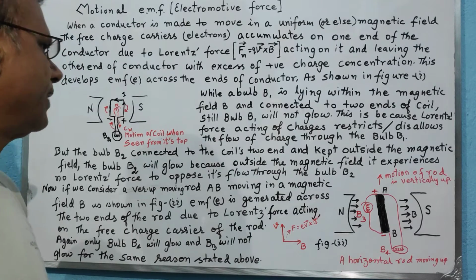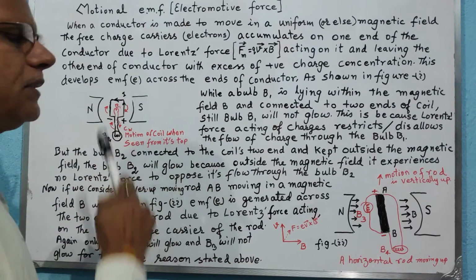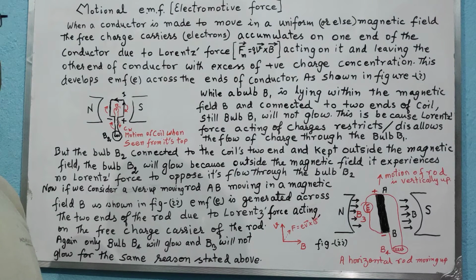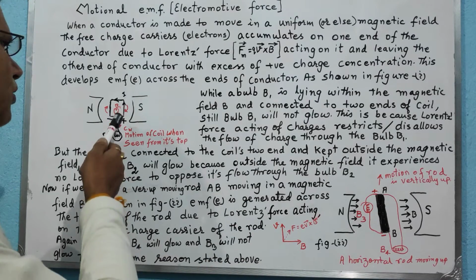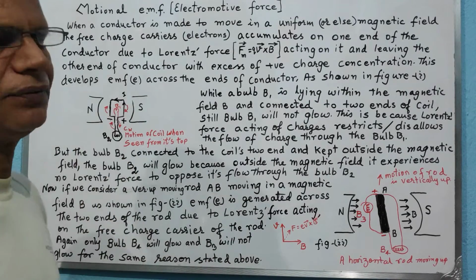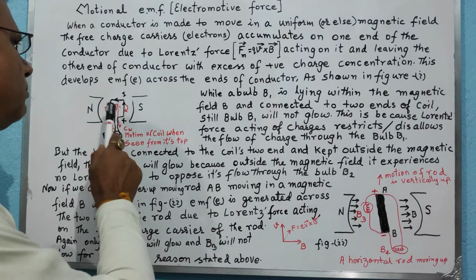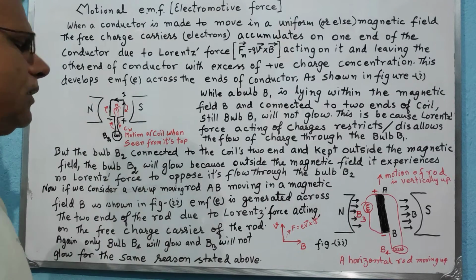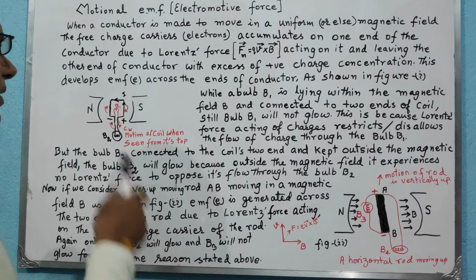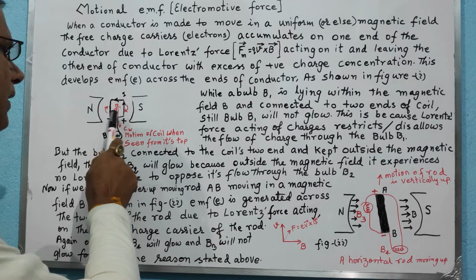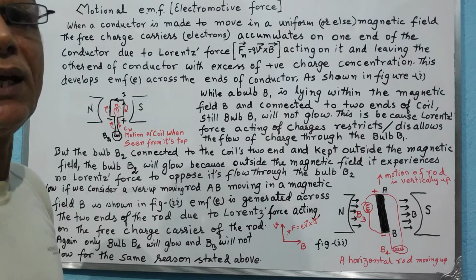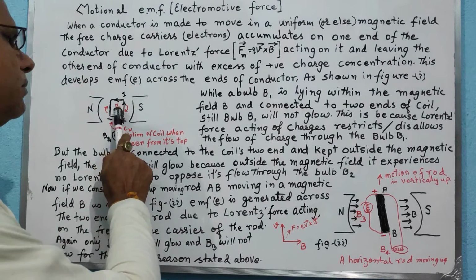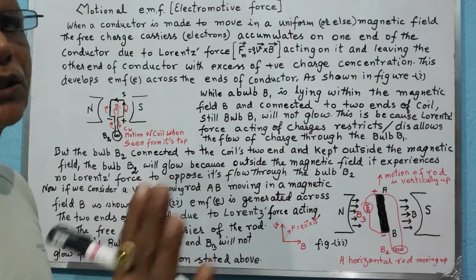This is because the charges are experiencing Lorentz force, which keeps the charge restricted and disallows the charge to flow through the coil within the magnetic field zone. And since the bulb is placed within the magnetic field zone, the charges will stay in their position and will not be allowed to pass through the coil of the bulb. And so bulb B1 in this case will not glow.